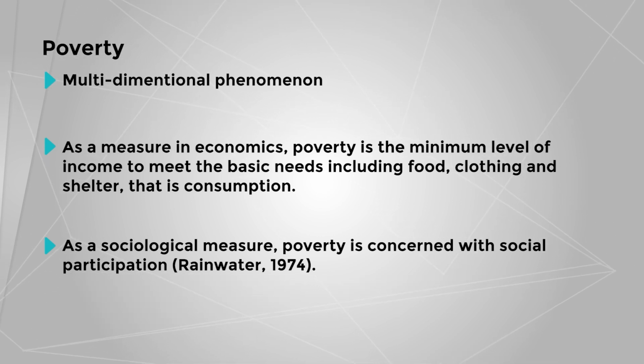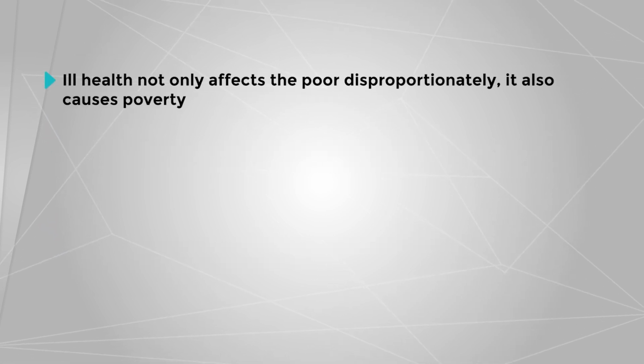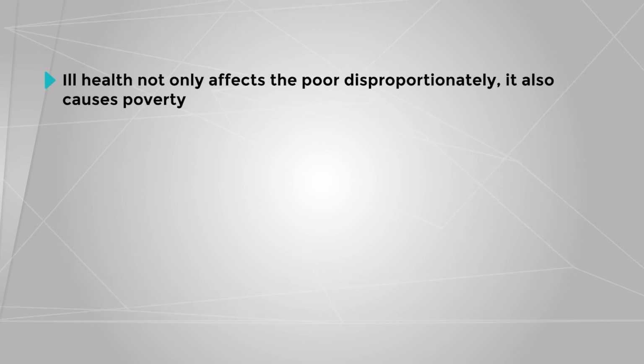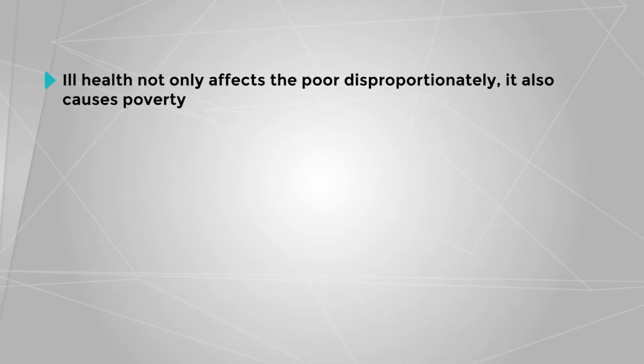In 1978, the World Health Organization, in the Alma Ata Declaration, spelled out the dependence of human health on social and economic development. Ill health not only affects the poor disproportionately, it also causes poverty.